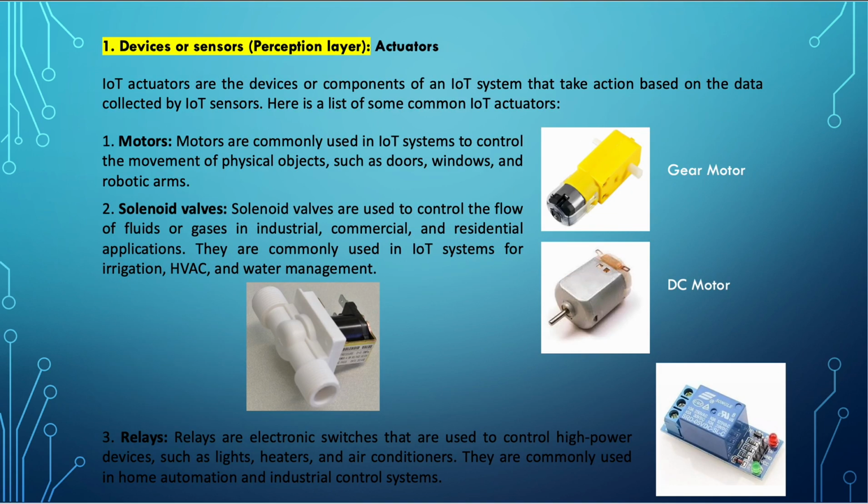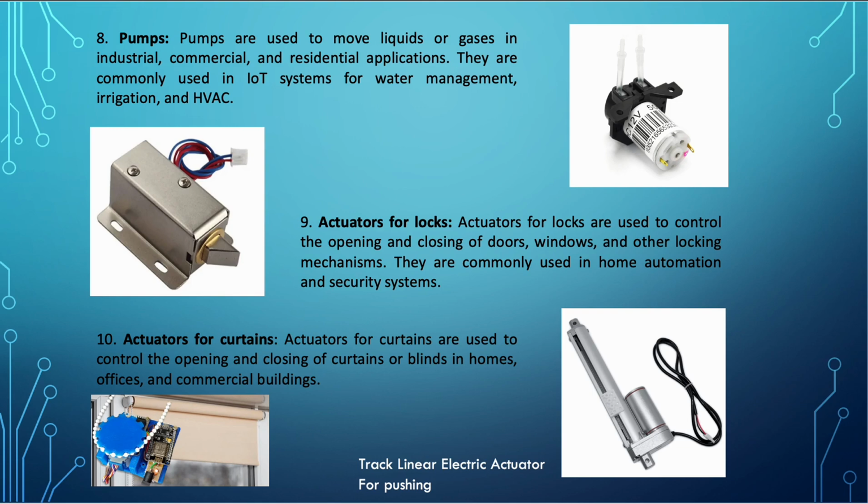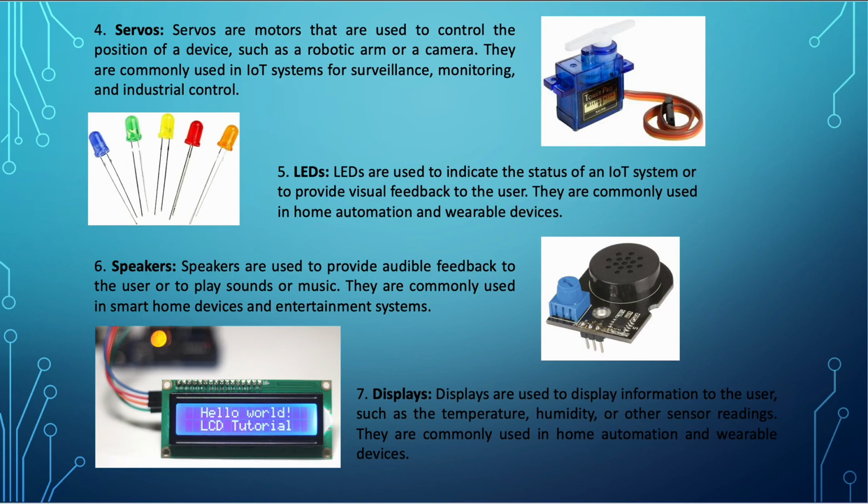We talked about relays and how they are being used. We talked about valves. Then we talked about displaying the information which is collected from sensors through actuators to human beings. We talked about LEDs, speakers and displays.